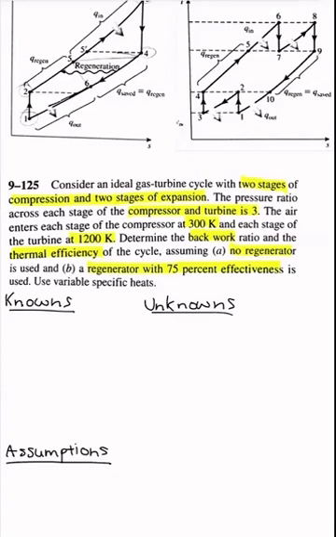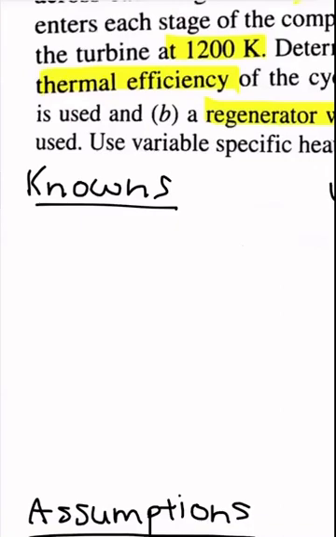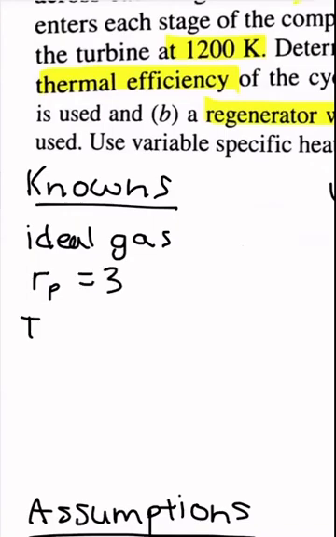So we can start by writing our knowns and our unknowns. Our knowns: we are an ideal gas. The pressure ratio is 3. The T compressor in is 300 Kelvin. The T turbine in is 1200 Kelvin.